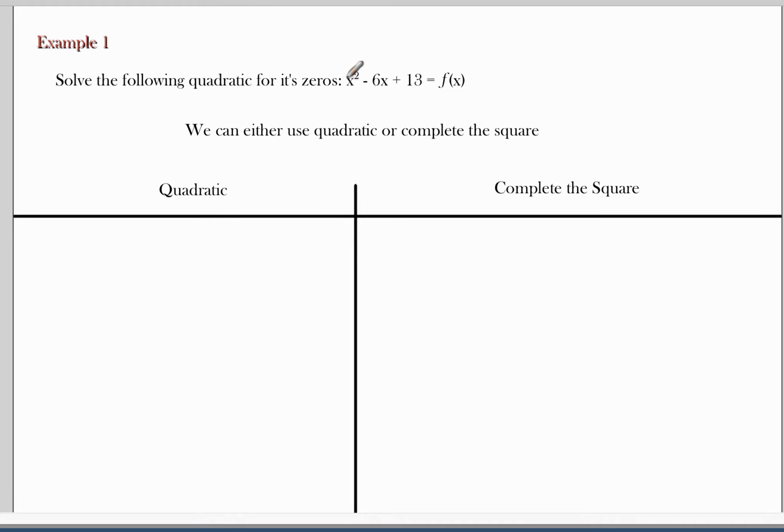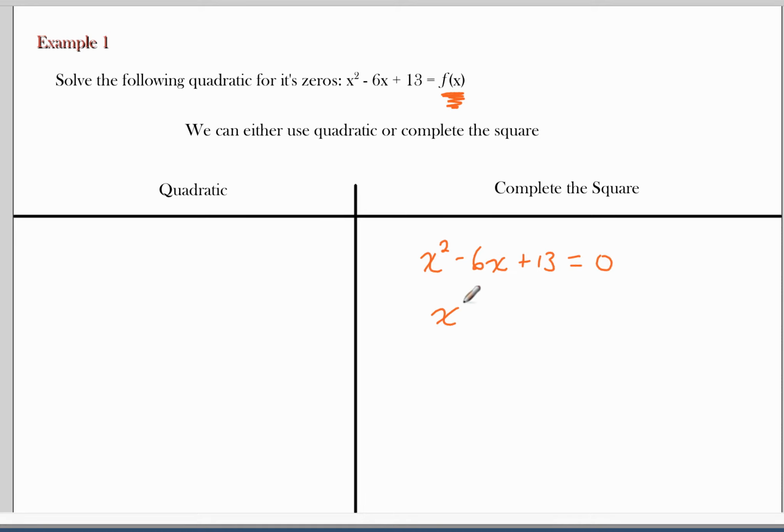There is no leading coefficient, and taking half of negative 6 seems real easy. So if I go to solve this, x squared minus 6x plus 13, we set it equal to 0. That's what the x-axis represents, where the y values are 0.